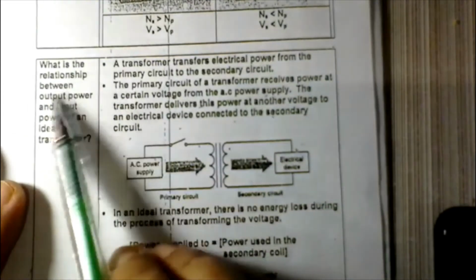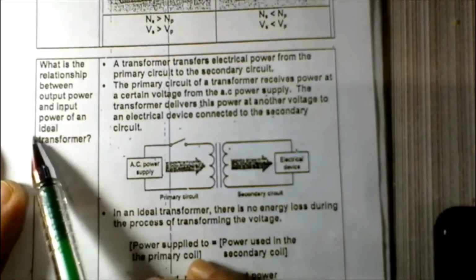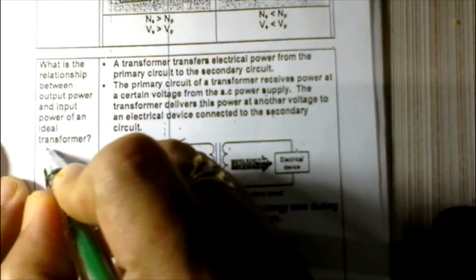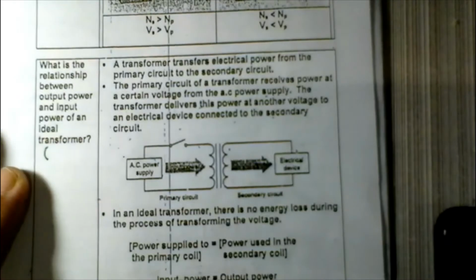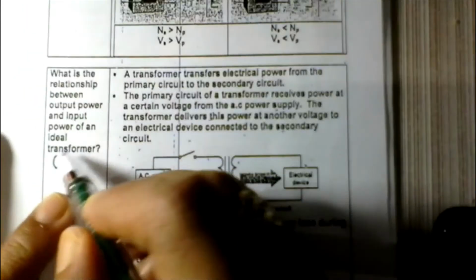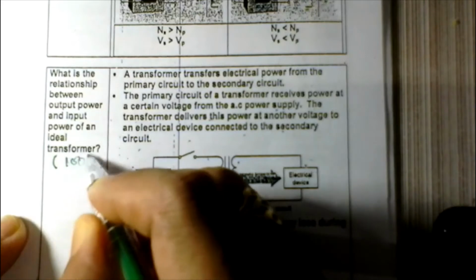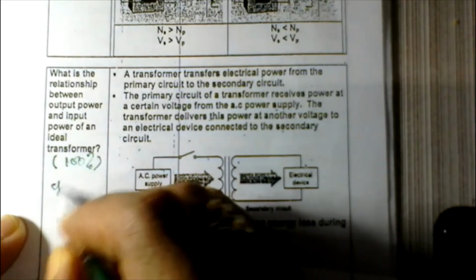Okay, now we want to relate the output power and input power of an ideal transformer. What is the meaning of an ideal transformer? It's a perfect transformer, meaning no energy loss, 100% efficient.